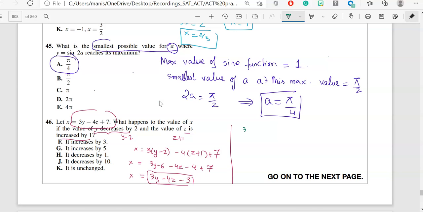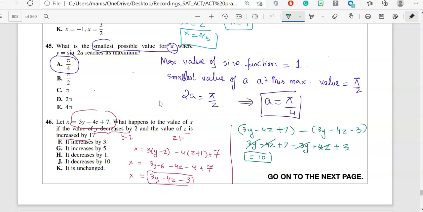So when I subtract both of them, it's like this: 3y minus 4z plus 7 minus 3y minus 4z minus 3. So let's solve it: 3y minus 4z plus 7 minus 3y plus 4z plus 3. This gets cancelled out and this gets cancelled out and I'm left with 10.